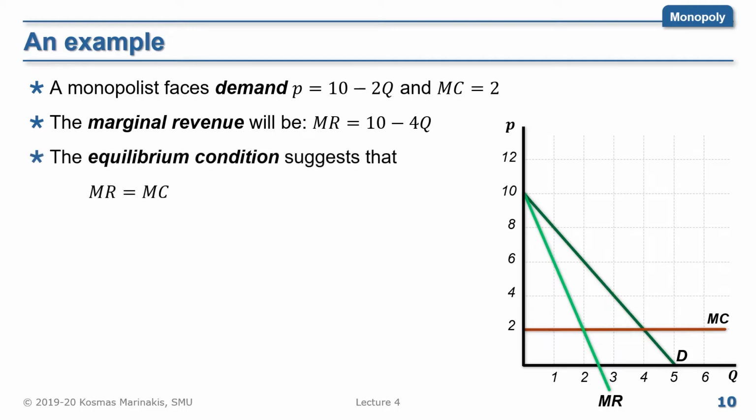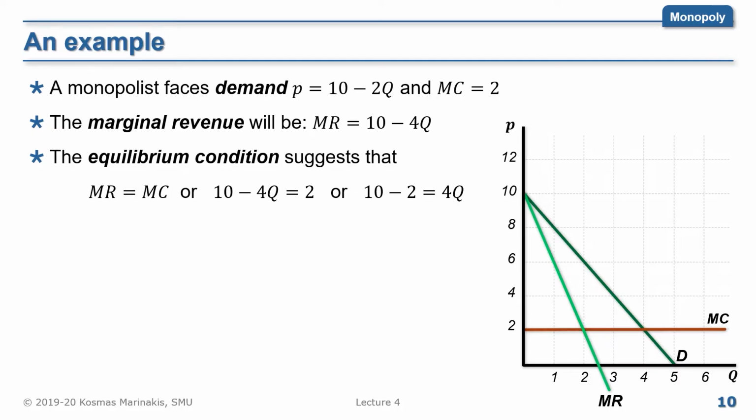Now the equilibrium condition tells me that MR equals MC. This means that my MR is 10 minus 4Q, my MC is equal to 2. This will give me 10 minus 2 because I'm passing the 2 on the other side and I'm sending the 4 times Q on the other side. So I will have everything involving Q on the right here and everything not involving Q on the left.